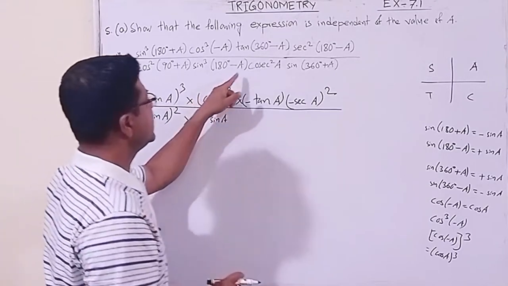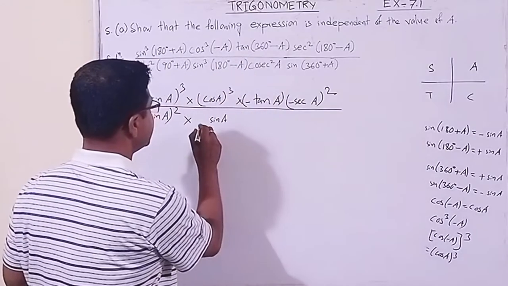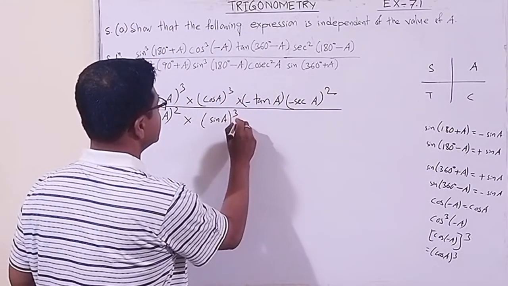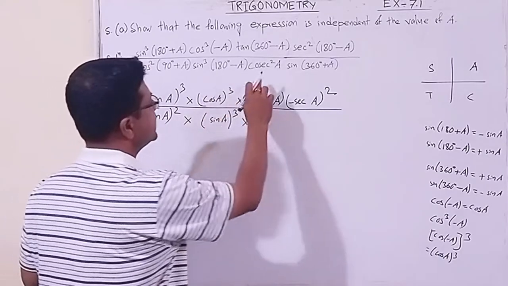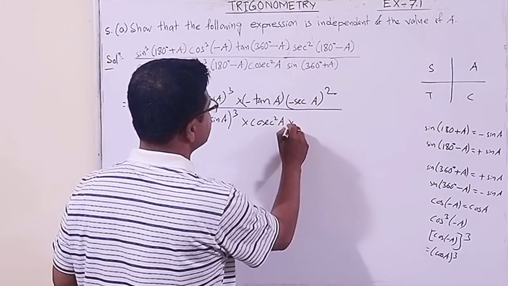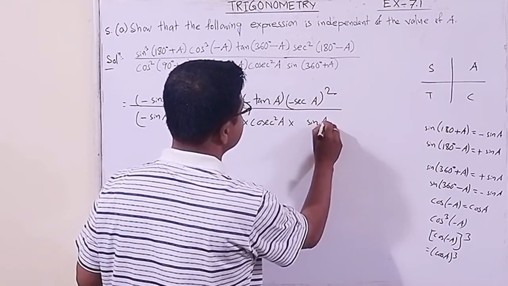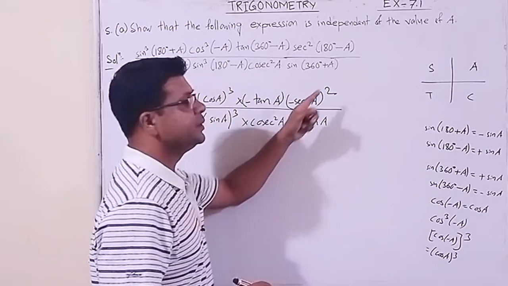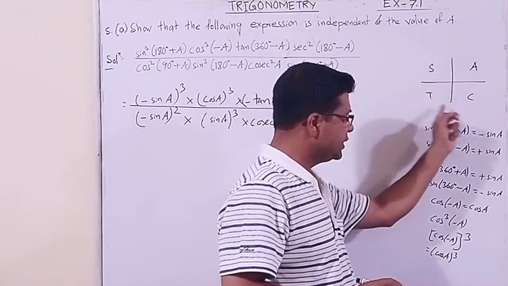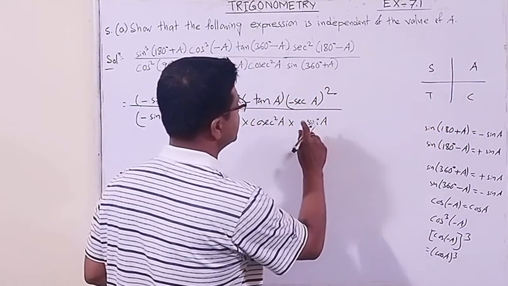Then the sine 180 minus a, in the second quadrant, sine is positive, its cube. Then cosec square a into sine 360 plus a, so obviously it is sine of a. Now in which quadrant? 360 plus a is in the first quadrant, it is positive only.